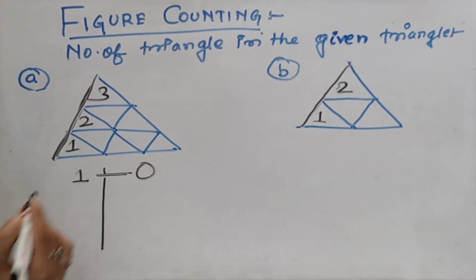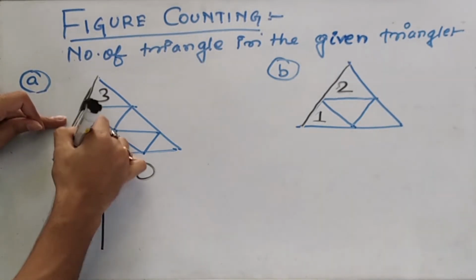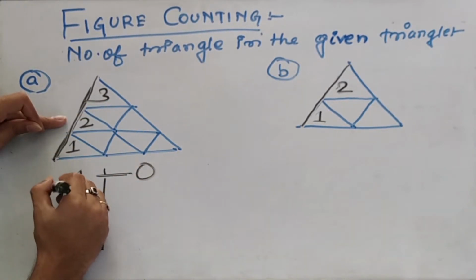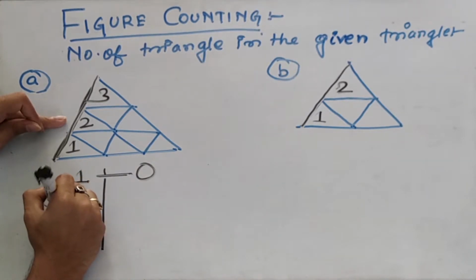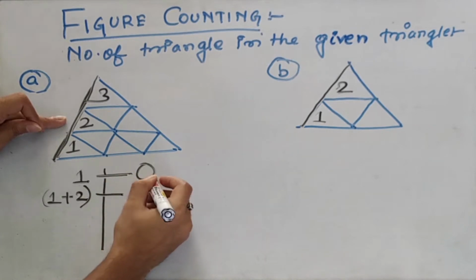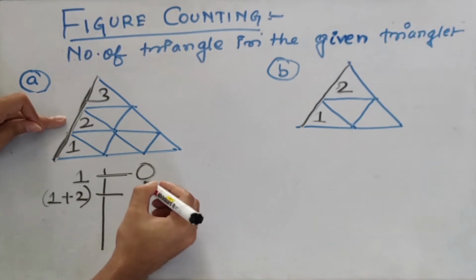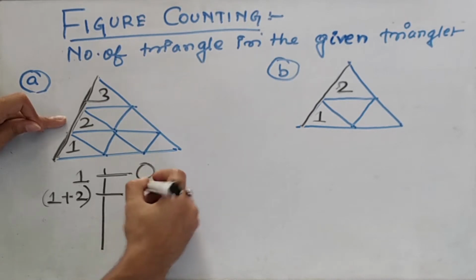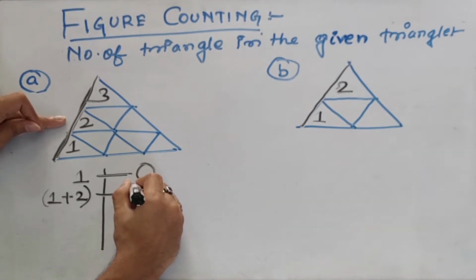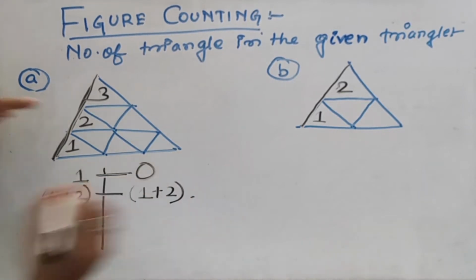Okay, now when we are moving up, it will be cumulative of 1 plus 2. So it will be 1 plus 2, and on this part, that is on the even step, you have to write a similar thing on the right hand side, 1 plus 2.